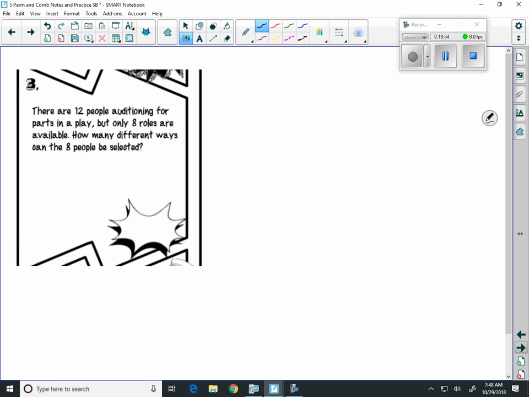All right. Number 3, there are 12 people auditioning for parts in a play. But only 8 roles are available. How many different ways can 8 people be selected? So let's think, how do we write our notation? Total options is what? 12, right?